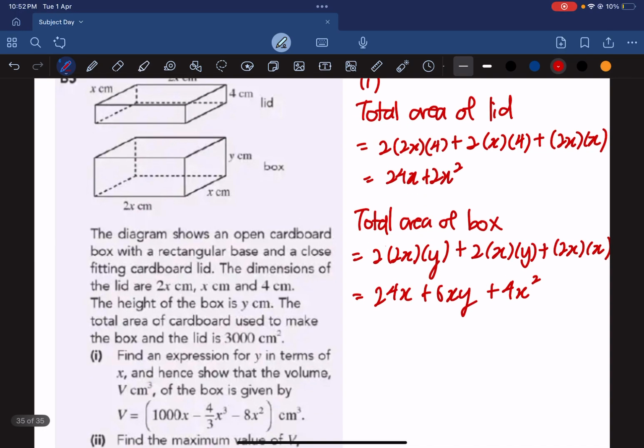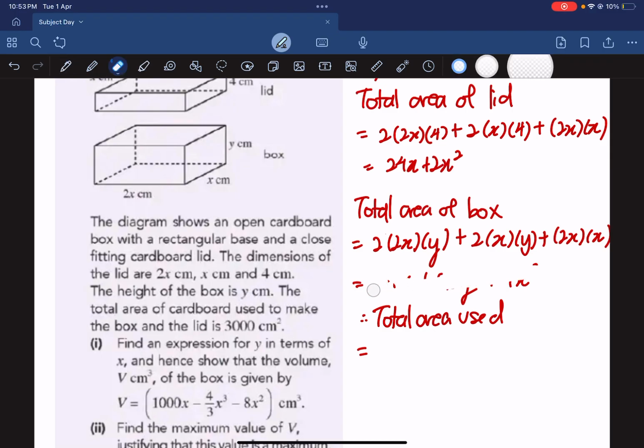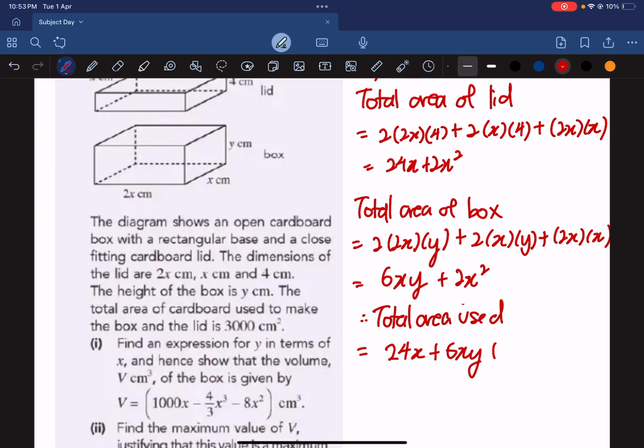Therefore, I know that the total area used is simply, I add everything together. Sorry, did I calculate wrongly? This one should be, total area of the box should be 6xy plus 2x squared. So the total area of the cupboard is, I add everything together, 24x plus 6xy plus 4x squared.